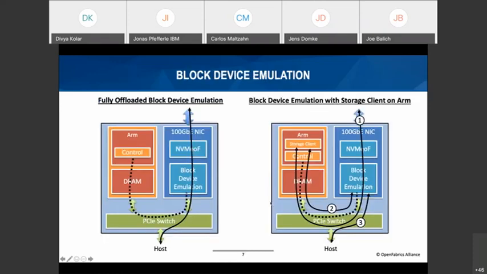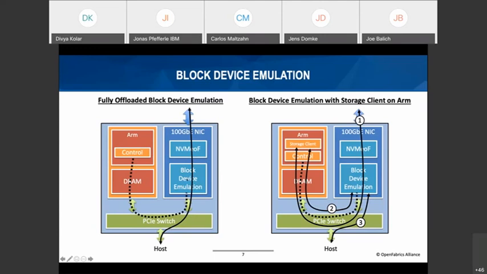Right. So now comes a point where, okay, how do you do this block device emulation, talking to a storage box on one side, and on the other side, you want to have the block emulation to the host as a PCI device. I call this mode fully offloaded block device emulation, and you need to have the particular offloading engine available on the NIC to be able to do this.